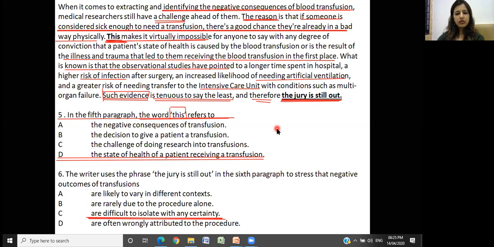So what I would like all of you to do now is, we are going to deal with two more questions of opinion and attitude types. We are going to do that right now. And then I would want all of you to do the whole passage as homework. You will be able to find that on Teachable. The page I'm sharing is from the Teachable Reading Classroom section, test 2.